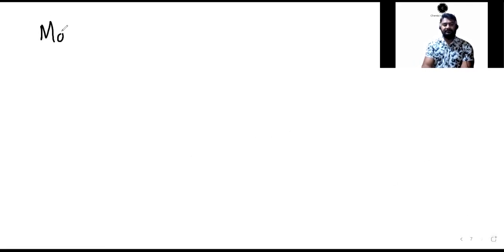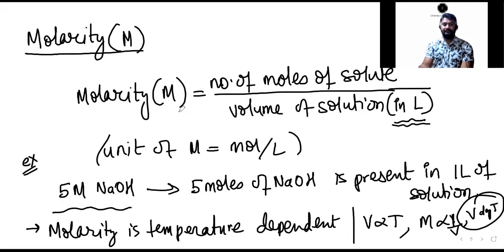So this is the last topic, molality, small m. See, that was molarity, but this is molality. That's the difference. So let's talk about molality now. Molality is denoted by small m.